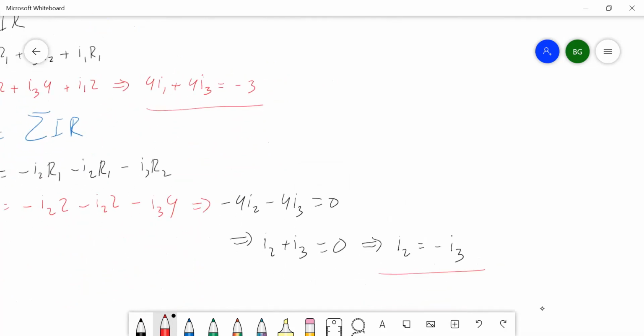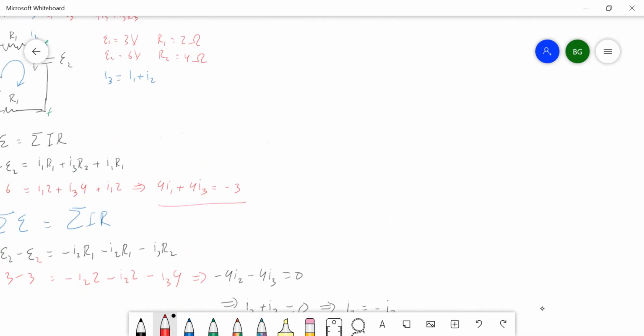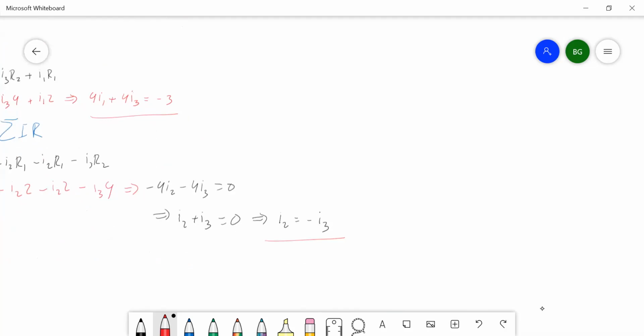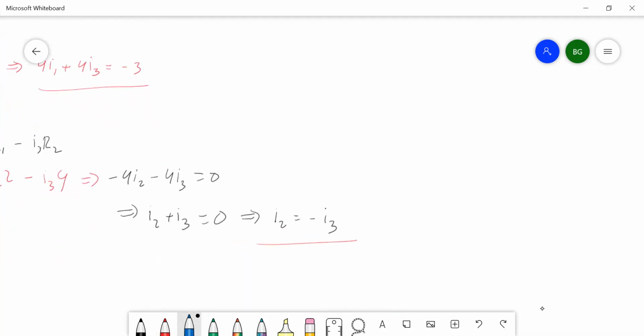Okay, any question? Because we have this relation here, what is the relation? I3 equals I1 plus I2.